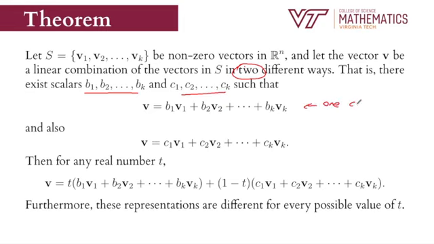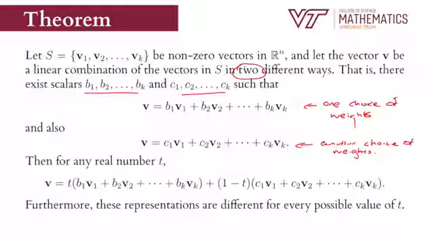So this is one choice of weights. And then this is another choice of weights. So we have 2 choices of weights here. Then what we can do is we can combine them to create a third choice of weights.